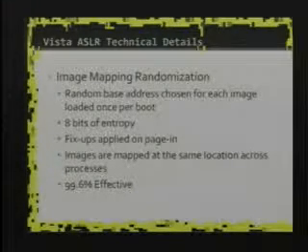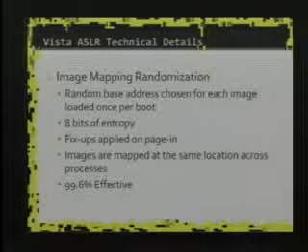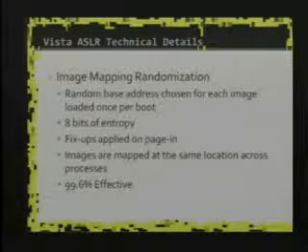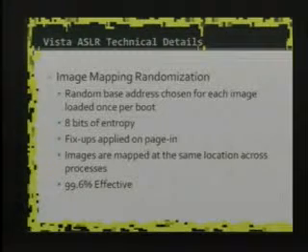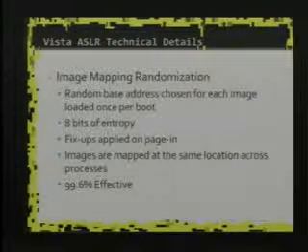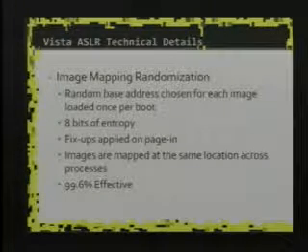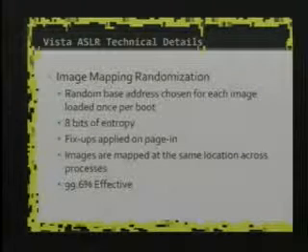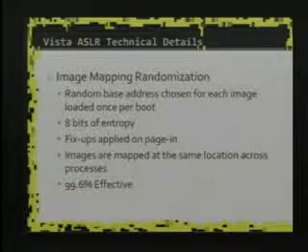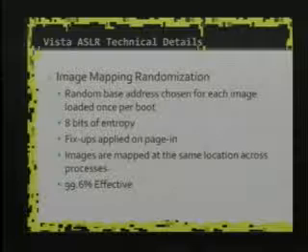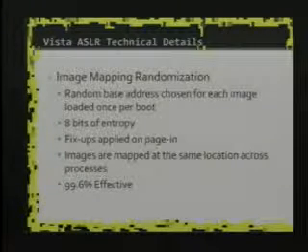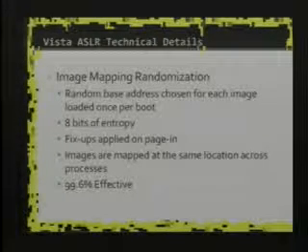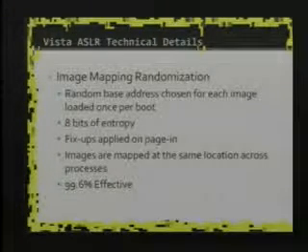So, a little more technical about the implementation of how they did the memory mapping. The image mapping is actually done based upon a single-time randomization. That's like on boot, it chooses one random offset into a certain segment to begin its DLL loading. And that's chosen with 8 bits of entropy, which is not much. That's 256 possibilities. And they apply fix-ups on page-in rather than being able to randomize binaries on disk.